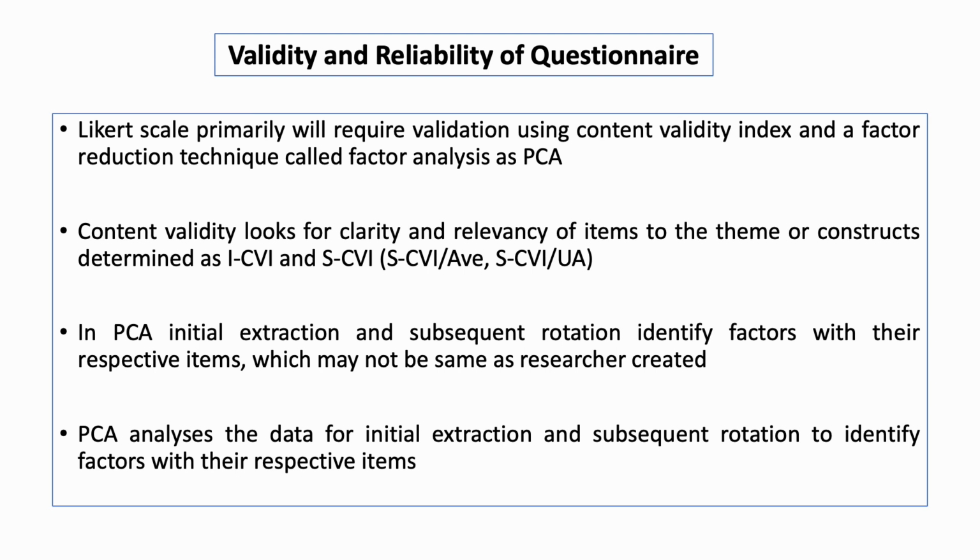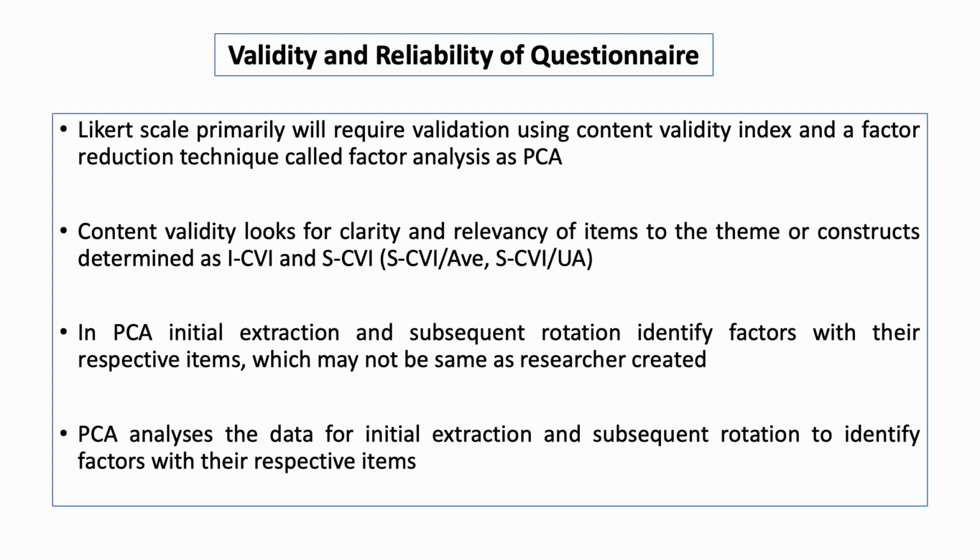If a Likert scale is primarily used, it will require validation using the content validity index and a factor reduction technique, the factor analysis as principal component analysis. That basically will be for the construct validity.